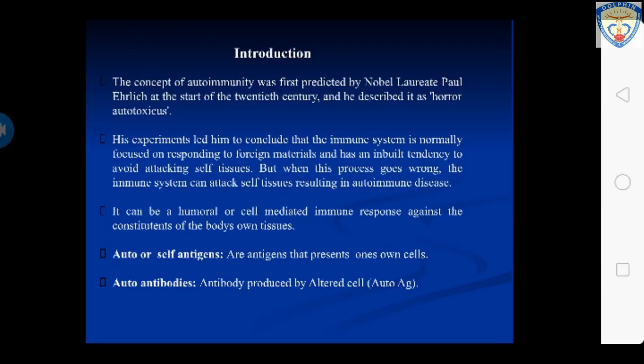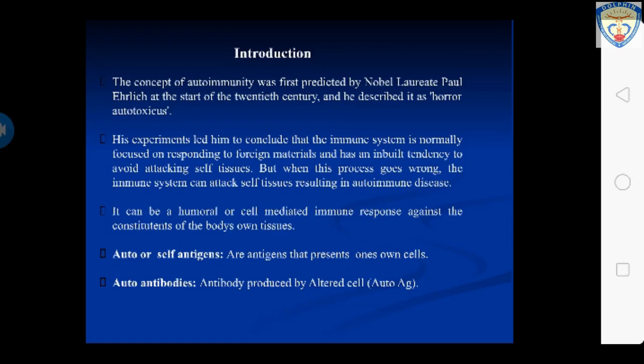Now, this concept of autoimmunity was first introduced by the Nobel laureate Paul Ehrlich, and he described it as horror autotoxicus. He also said that the immune response generated against autoimmunity can be either humoral or cell-mediated.